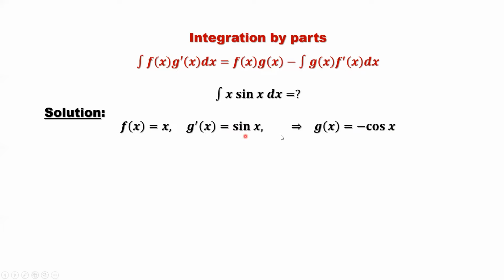We have all three functions here. We can plug in to this formula. f times g: f is x, times g, that's negative cosine, minus the integral of g, that's negative cosine, times the derivative of f, x, take the derivative.